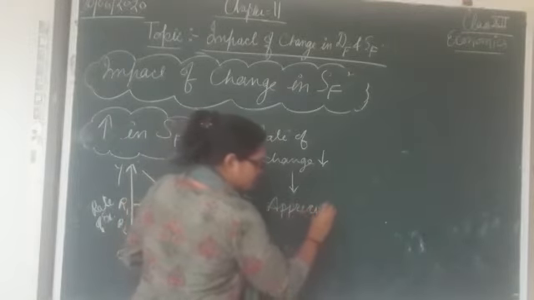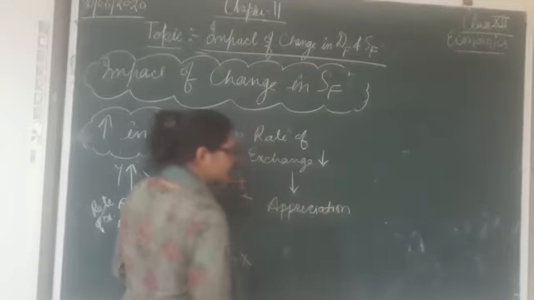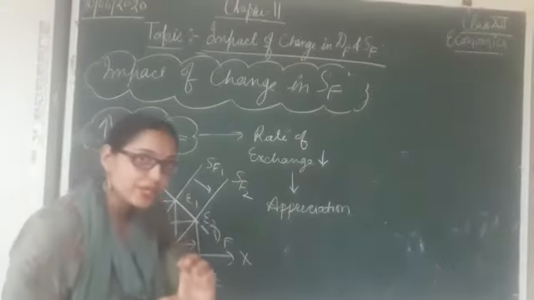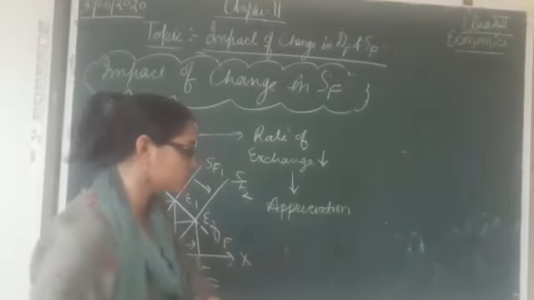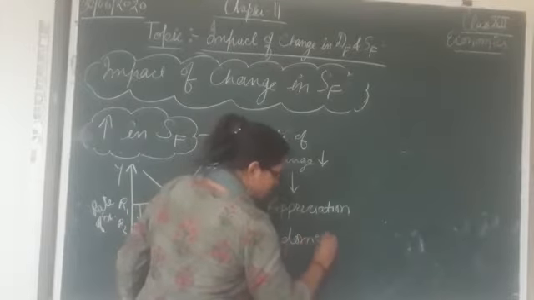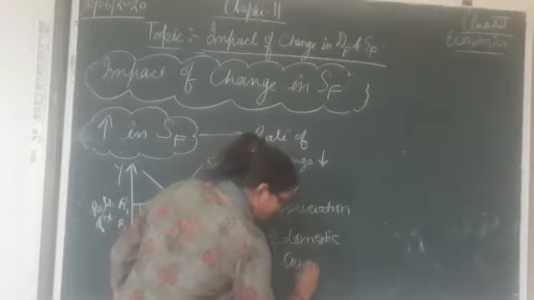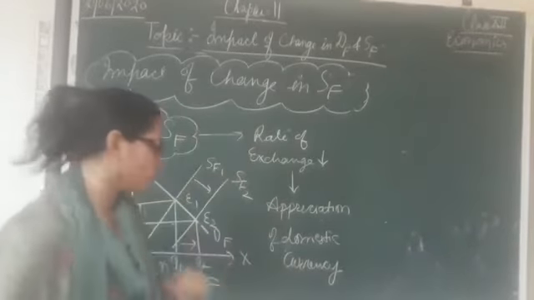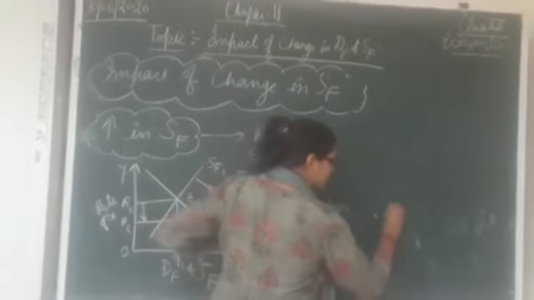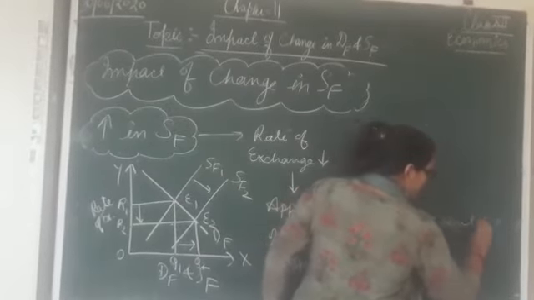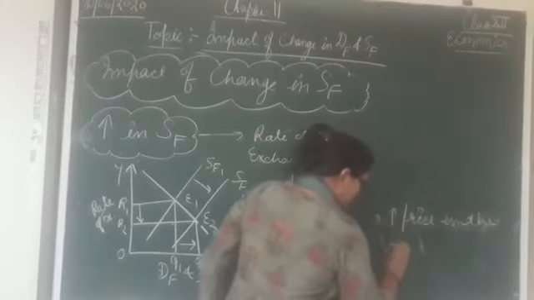Remember, in the earlier video we have done this. If the rate of exchange decreases, it means we need fewer rupees to buy the same $1. So this is appreciation of domestic currency. It means we now need fewer rupees to buy the same dollar, which means an increase or rise in the value of domestic currency.